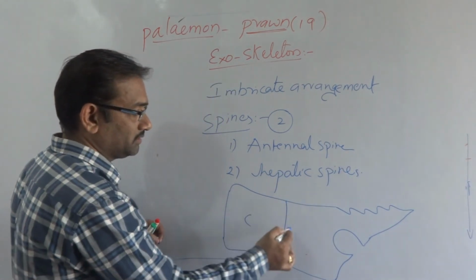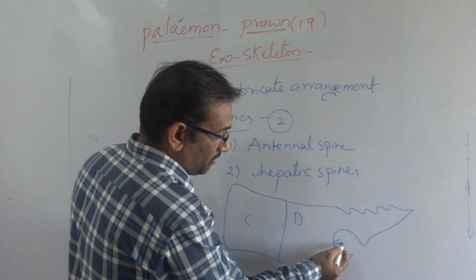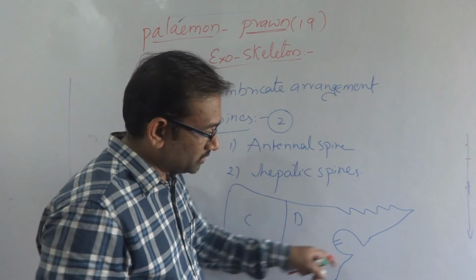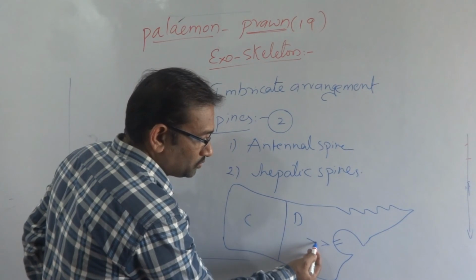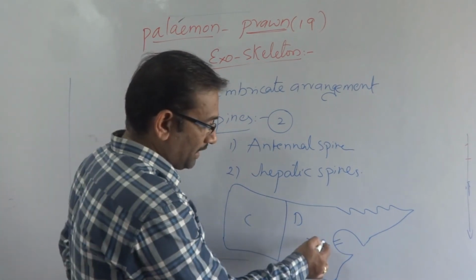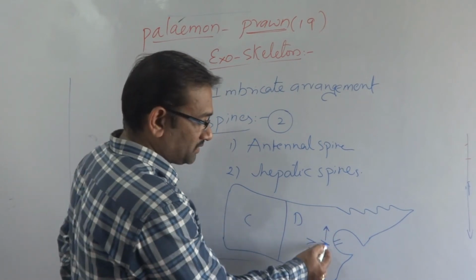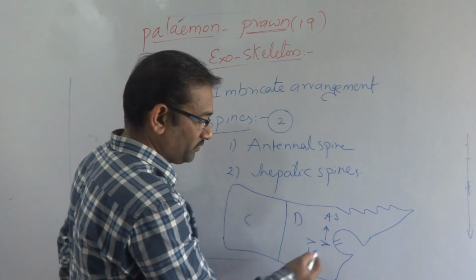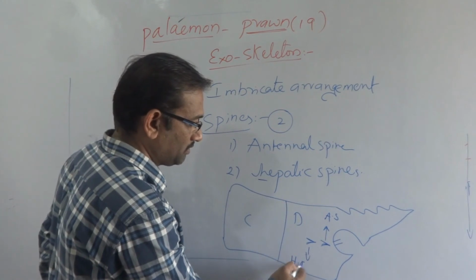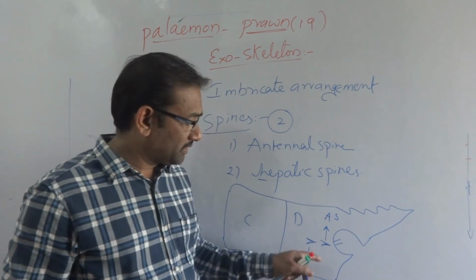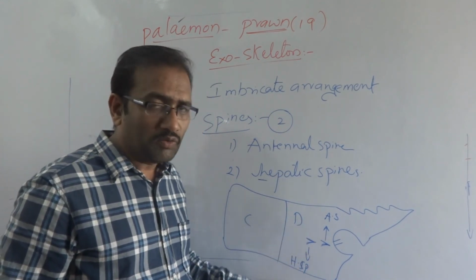This is the carapace, this is the dorsal shield, and this is the orbital notch. Just adjacent to the orbital notch there are two spines, an anterior spine and a posterior spine. The anterior spine is called the antennal spine, and the posterior spine is called the hepatic spine.